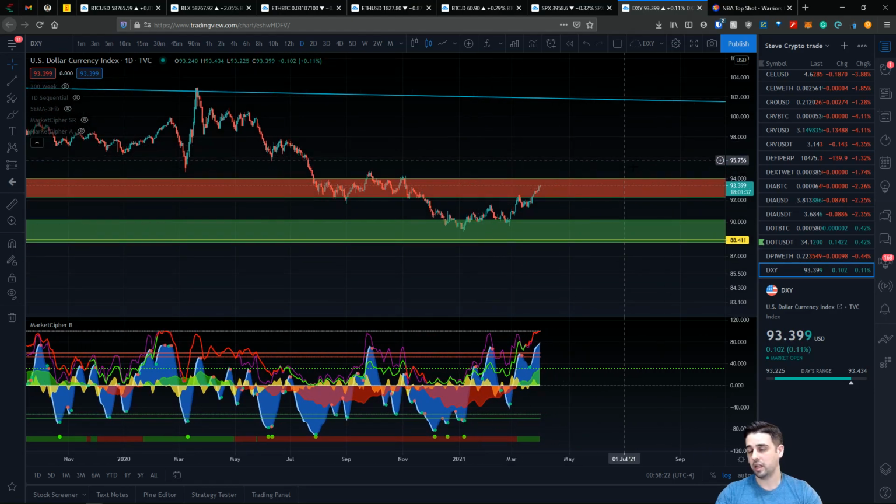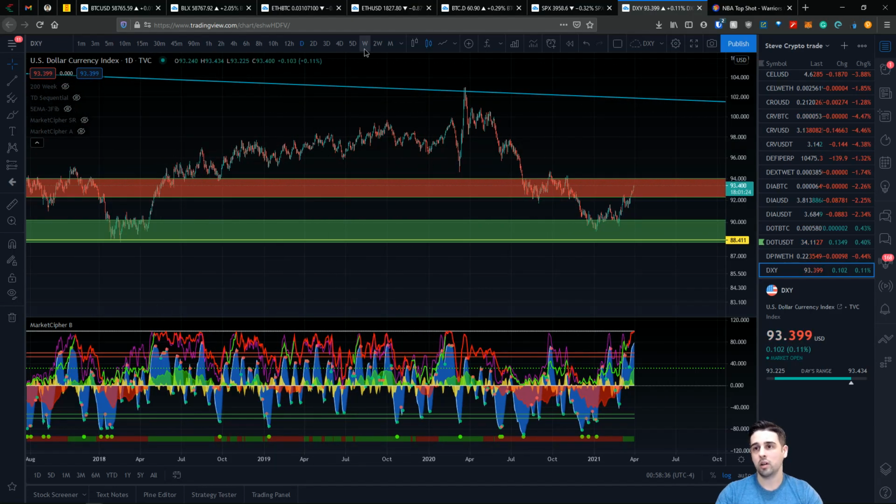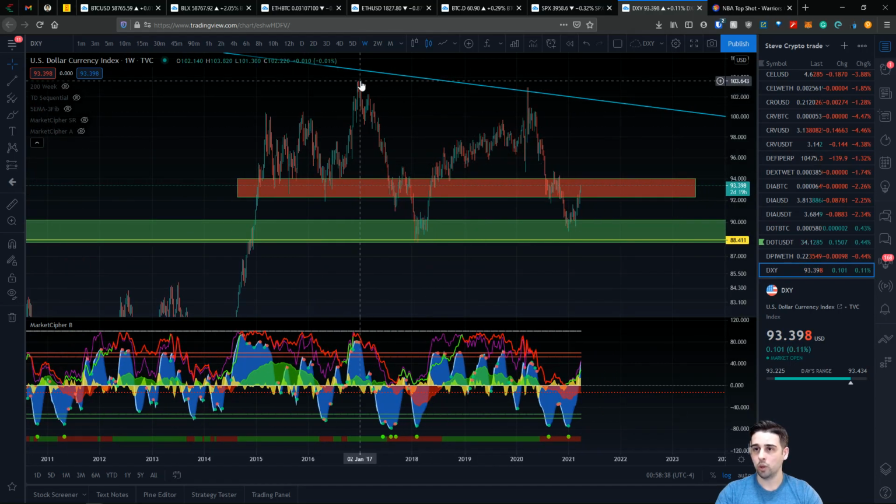And finally, we have the Dixie, right? I've been saying for quite some time that it's kind of not that great for Bitcoin, this dollar going up, but we have seen instances where they've rallied together. But honestly, most bullish times for Bitcoin, if we look here, January 2017 all the way to January 2018, which was the top of the crypto bull market or bubble phase, we saw the dollar just depreciating like crazy.